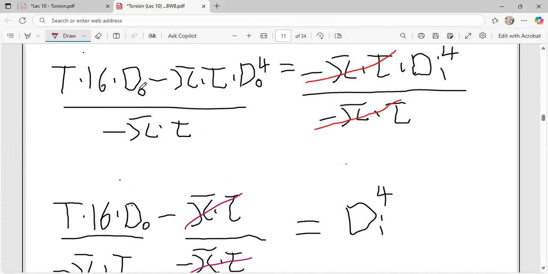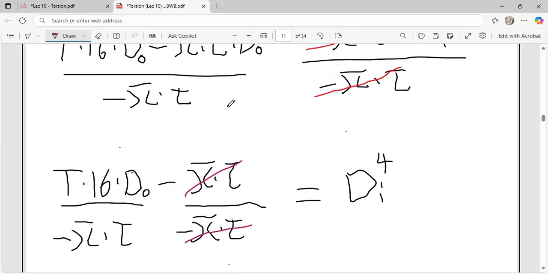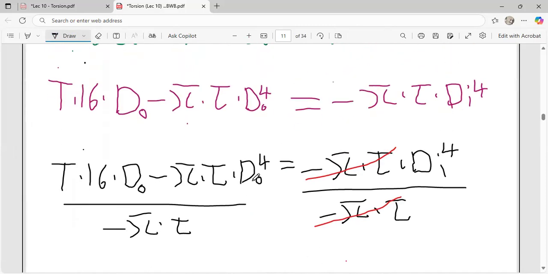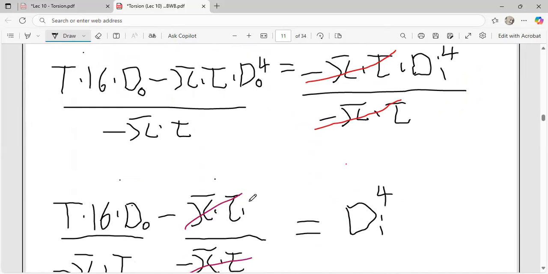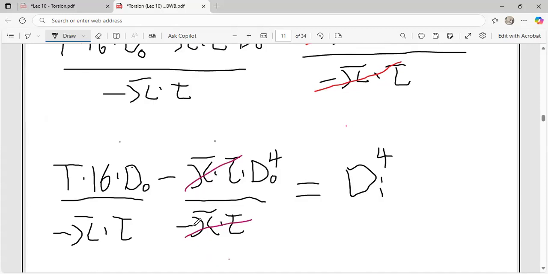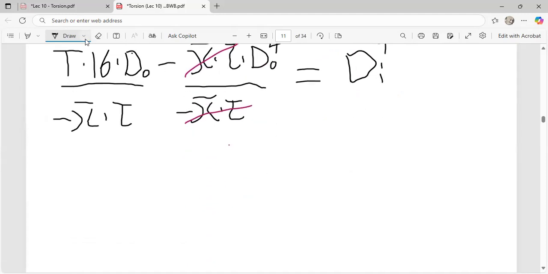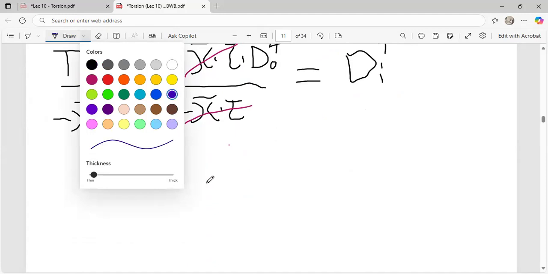But I forgot, I didn't bring the D. So the D is this, the outer diameter. So we're going to be left with this. At the end of the day, this relation we are seeing over here is going to end up becoming like this.